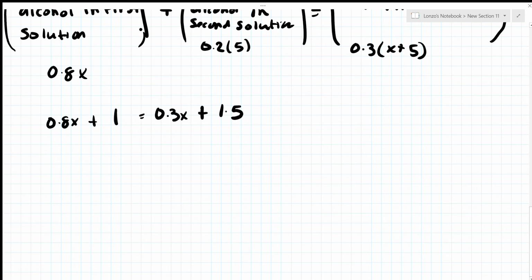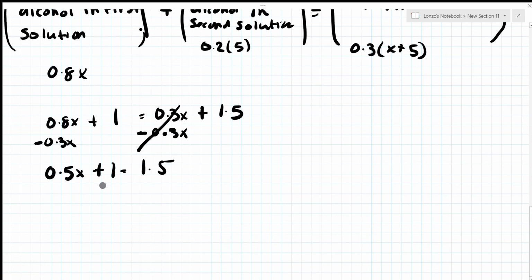Let's solve for x. Let's move this 0.3x to the left. This cancels. So 0.8x minus 0.3x is 0.5x, and then plus 1 equals 1.5.